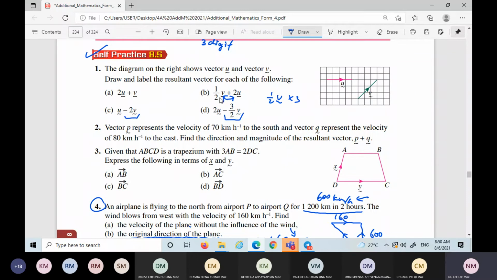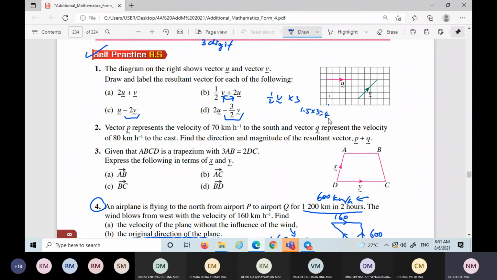So the half v just now is this 1.5, 1.5. So 1.5 times 3. So every one of this 1.5 times 3. So how many boxes? 4.5.